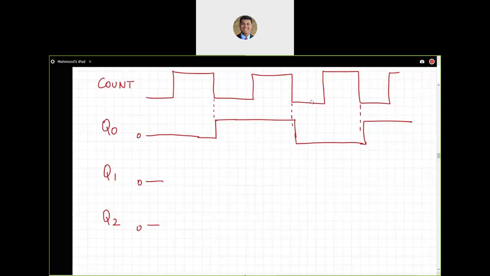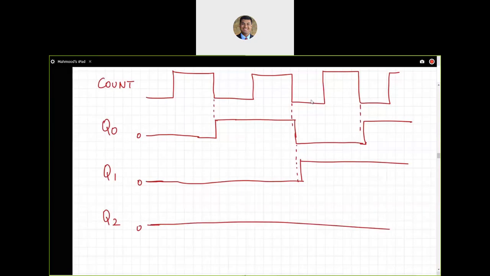Similarly, based on my second statement, Q1 toggles when there is a negative edge on Q0. So it will stay 0 until here, toggle there, and that's it, soon after that. Then Q2 is going to be 0 the entire time, because there is no negative edge on Q1.